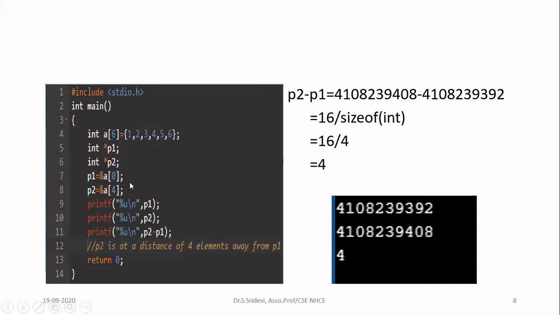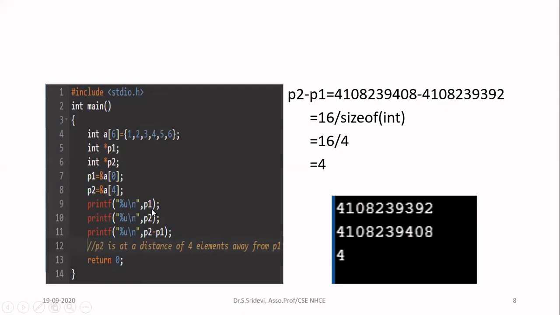Since both pointers are pointing to the same array, I can subtract them and I will get some meaningful answer. If you subtract 2 pointers, you will get a number which tells you how many elements are between those 2 pointers. Let us see the output so that you will understand.